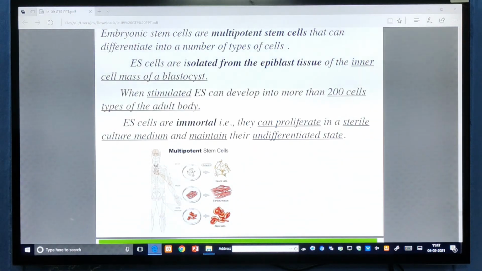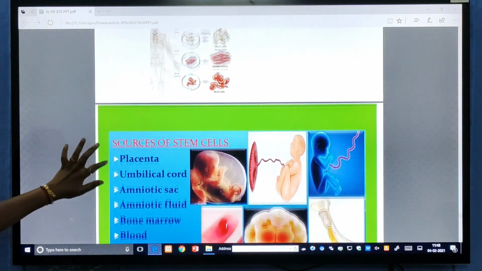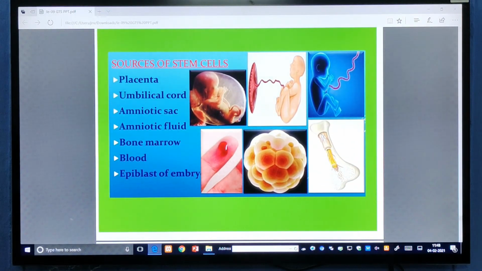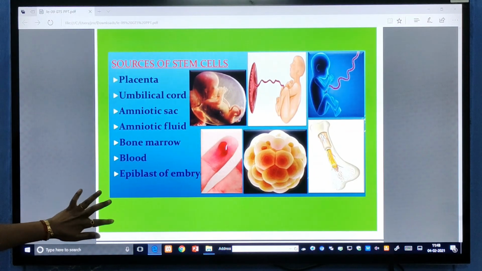They can proliferate or multiply in the sterile culture medium and maintain their undifferentiated state. That is what we expect from stem cells. So what are the sources of stem cells? We can get them from placenta, umbilical cord, amniotic sac, amniotic fluid, bone marrow, blood and epiblast of the embryo. These are all said to be the sources of stem cells.